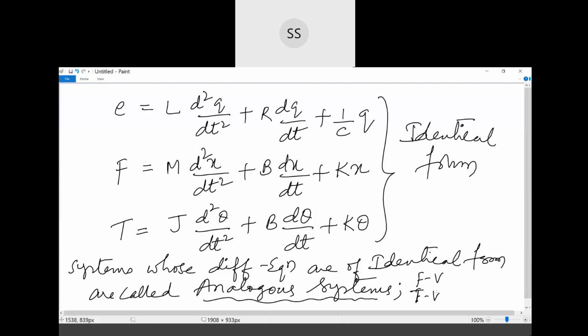Now we can write a table which represents the summary for these three systems.